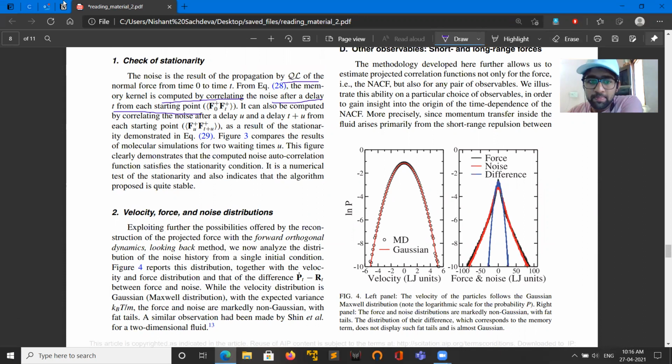It can also be computed by correlating the noise after a delay u and a delay t plus u from each starting point, as a result of the stationarity demonstrated in equation 29.